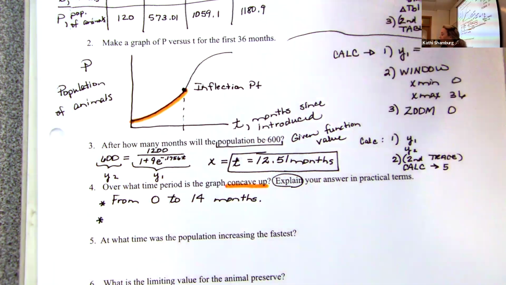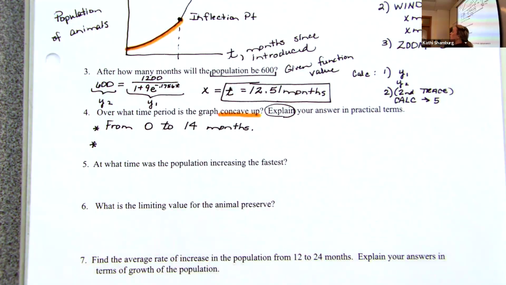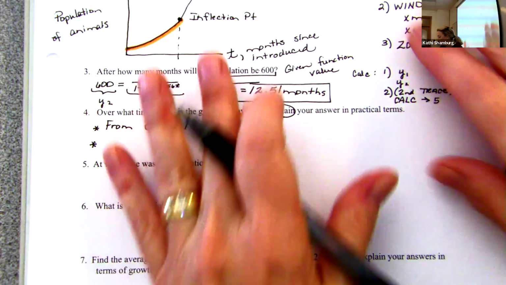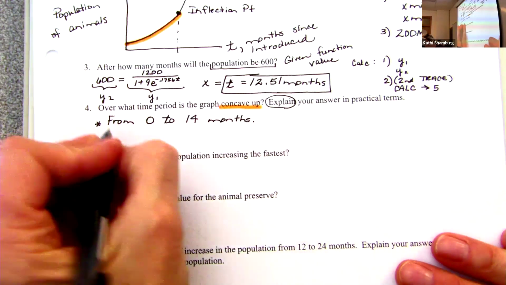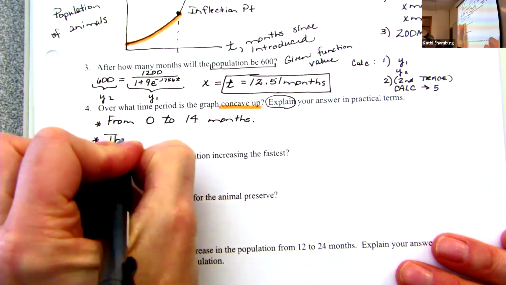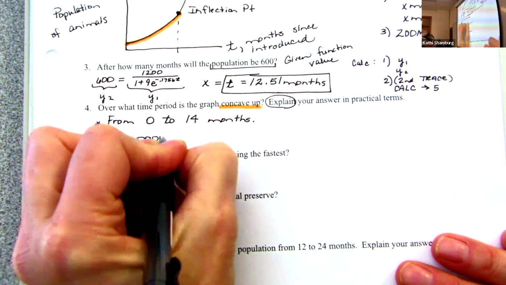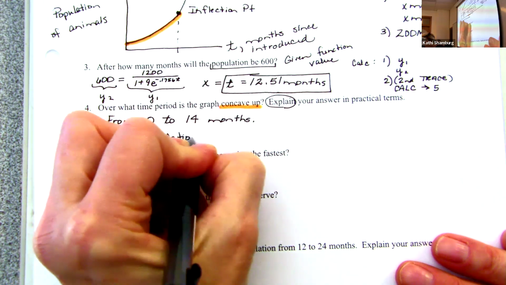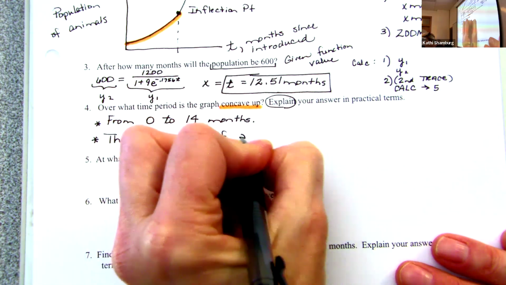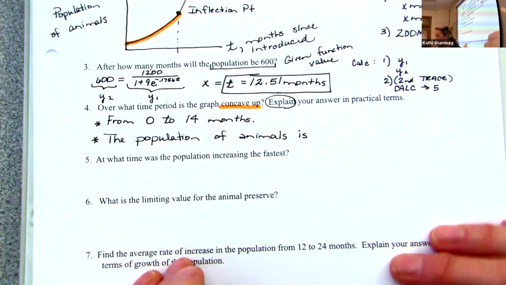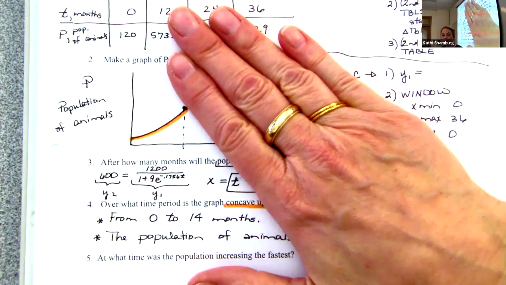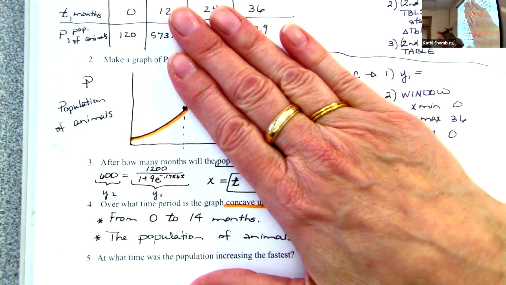Okay, so on the explanation, remember, we're always explaining what the function is doing. And our function is population of animals. So I'm going to start out and just say the population of animals is, now we're only describing this concave up section right here.